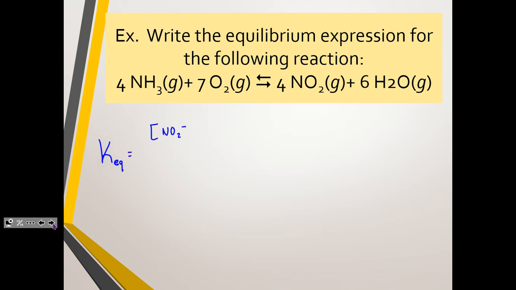Products are NO2 times H2O over NH3 reactants and O2. Now, the coefficients are the exponents here, so 4, 6, 4, and 7. And that is the equilibrium concentration. Equilibrium constant.